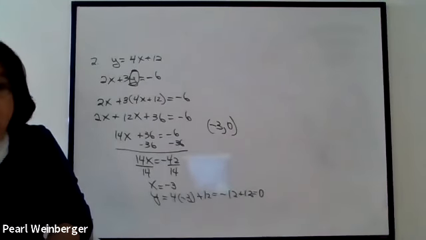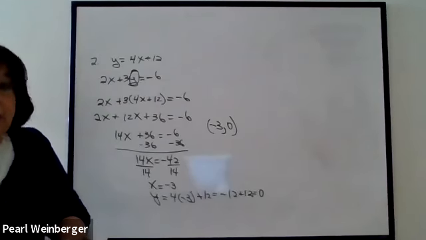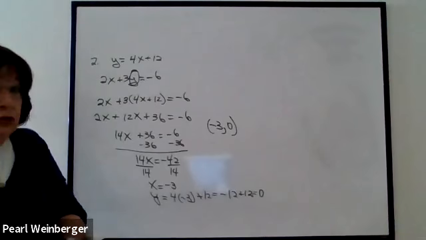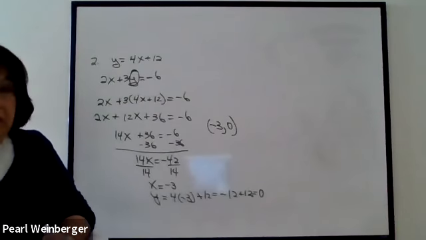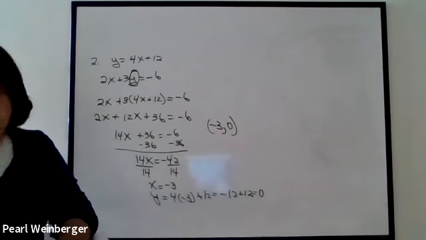Now, what we're going to go on to from here is we're going to talk about how to answer certain word problems, certain verbal problems, by setting up a system of equations. I'm going to give you a couple to do today.